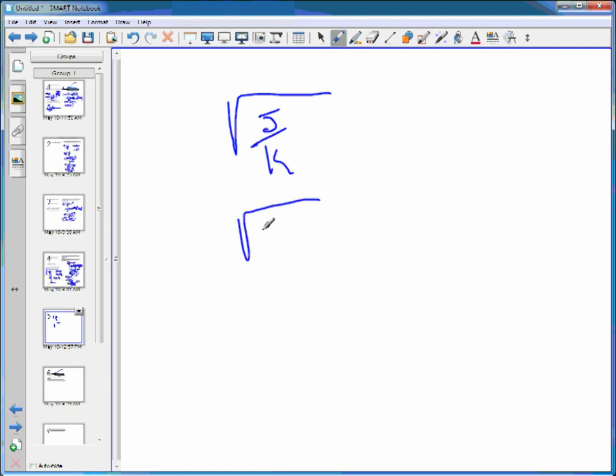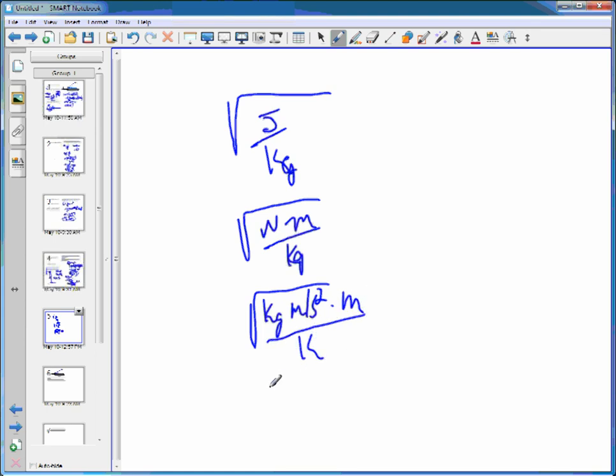Square root of newton meter per kilogram. A newton is a kilogram meter per second squared times meter divided by kilogram. The kilograms cancel. This becomes square root of meters times meters, so meter squared per second squared, which leaves us with meters per second when we take it out of the square root.